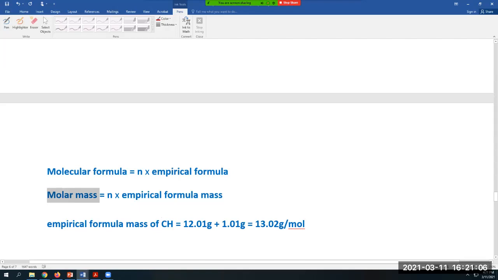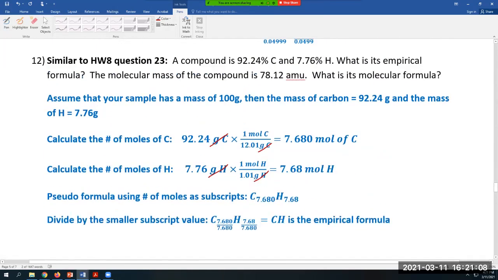So that's the empirical formula mass. The molar mass, we are given above here. It says the molecular mass is 78.12 atomic mass units. So what this means is that this is the mass of just one formula. But you know that the mass of one formula is the same number as the molar mass if you change the unit from AMU to grams per mole.